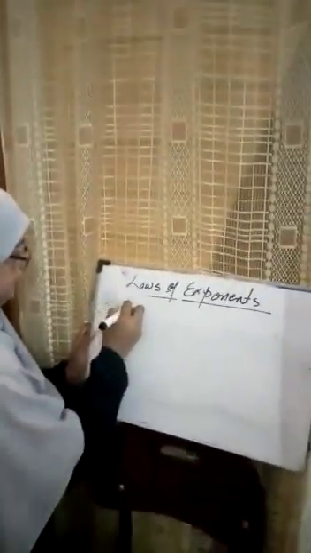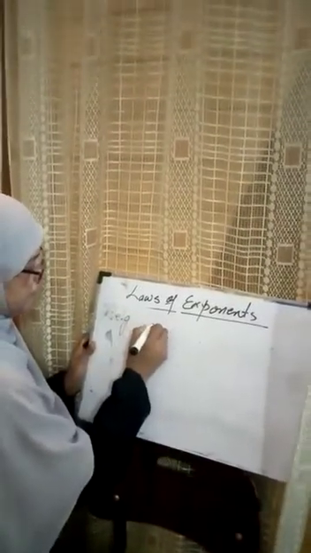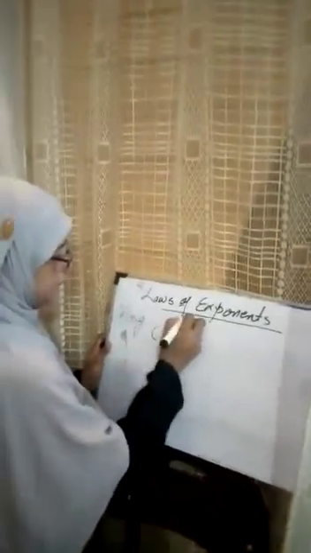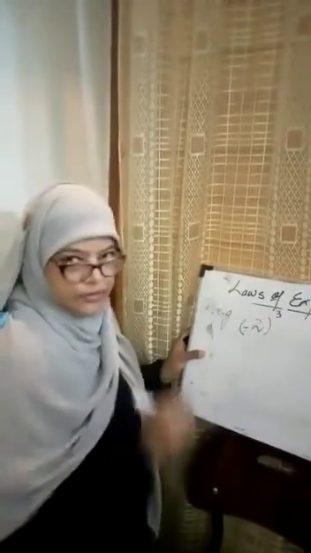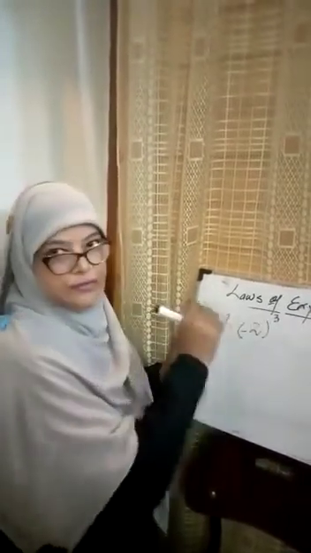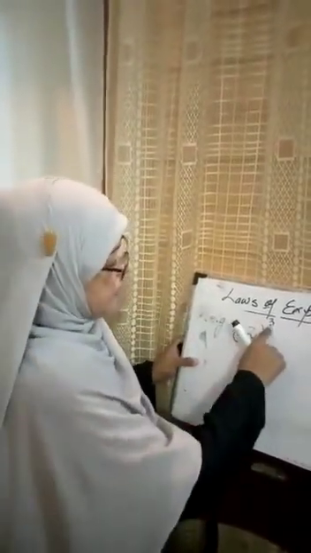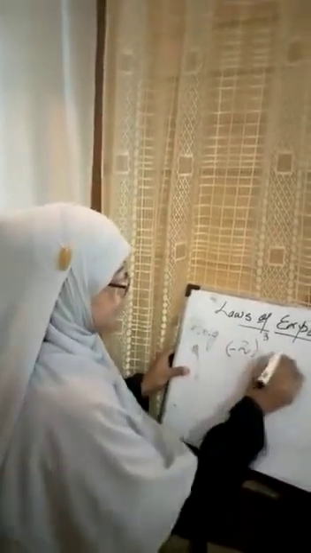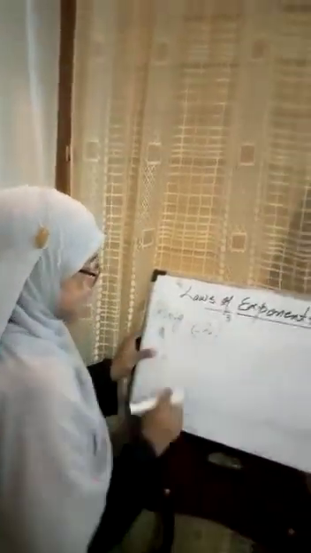Okay, now example. Suppose minus 2 to the power 3. Base is minus 2 and its exponent is 3. Is the exponent odd or even? Here the exponent is an odd number, so its base sign will be negative.